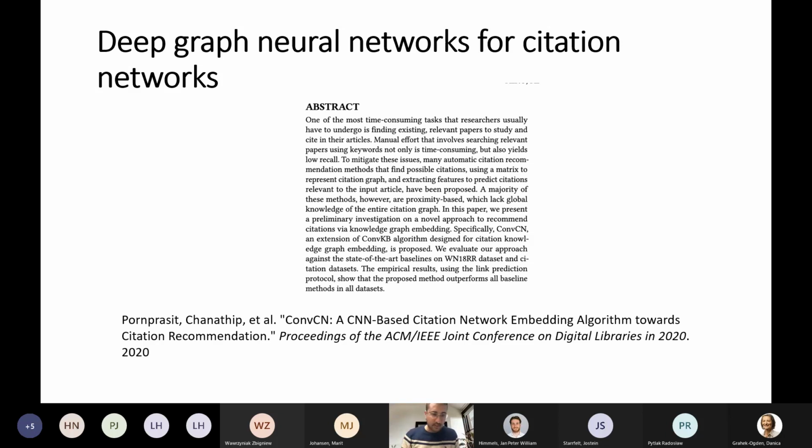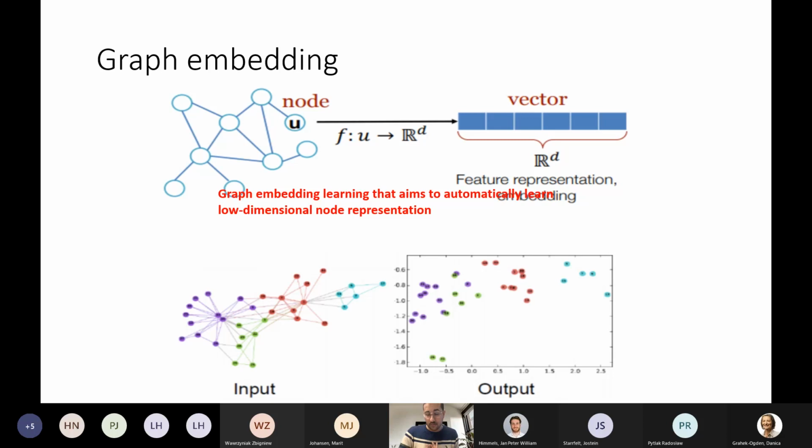And then there is a new technique that is becoming very popular in machine learning called deep graph neural networks that can, in a way, look at the graph not only from a local point of view, only neighbors, but from a holistic point of view. If you give it a graph, there are many approaches, but it will find an so-called n-dimensional embedding of the nodes in the graph.